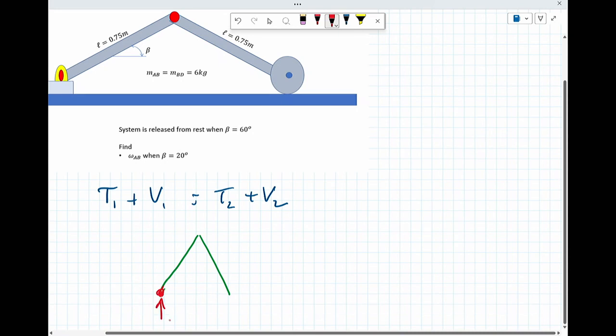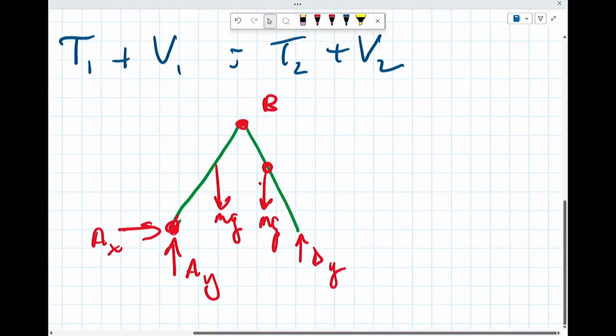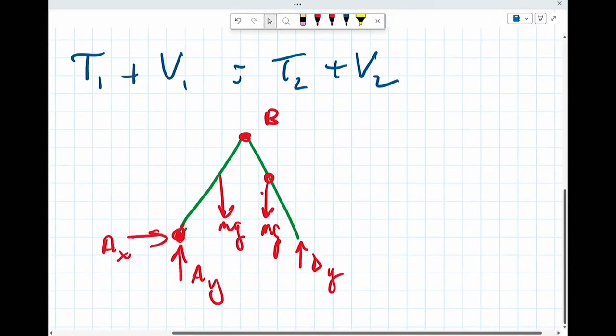And I have AY, AX, and I should put some names on this: A, B, D. B is over here. MG, MG, and Dy. So when I start this problem, I have that as my free body diagram.